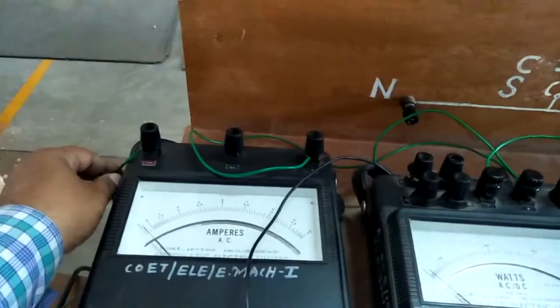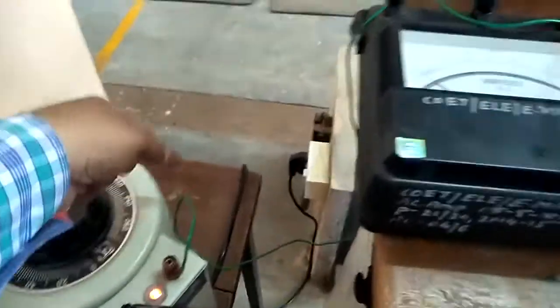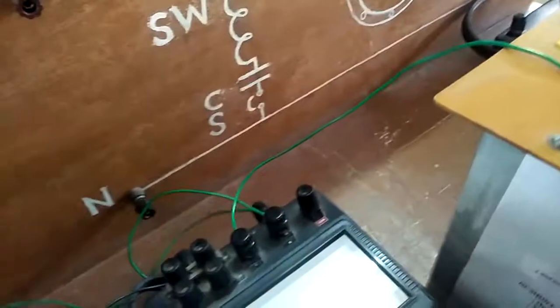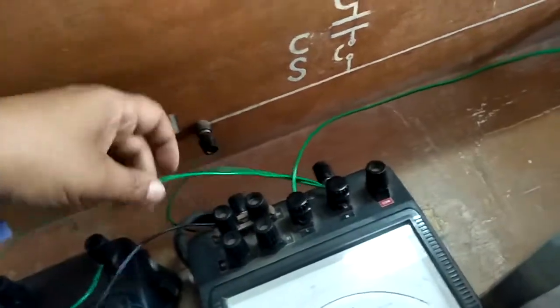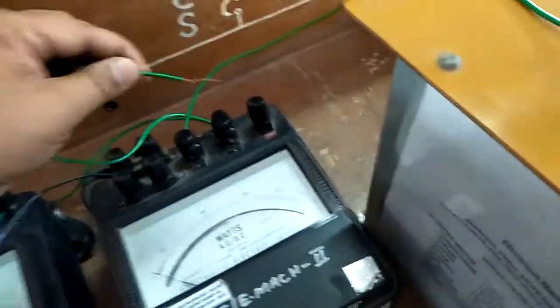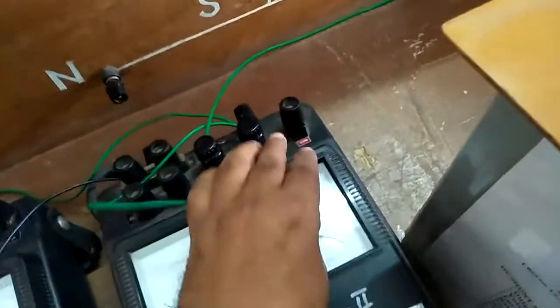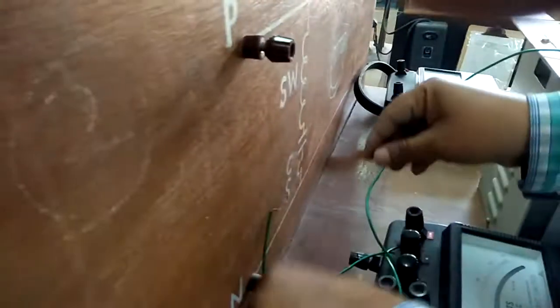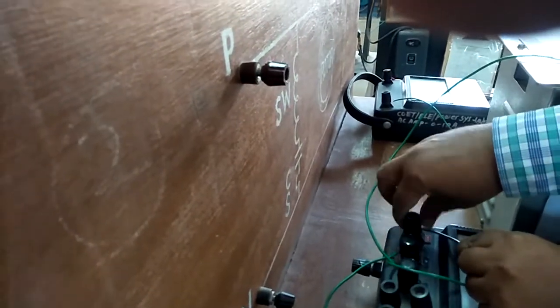The terminal coming from the autotransformer goes to the ammeter, the ammeter goes to terminal M, and from there M and C are short circuited.